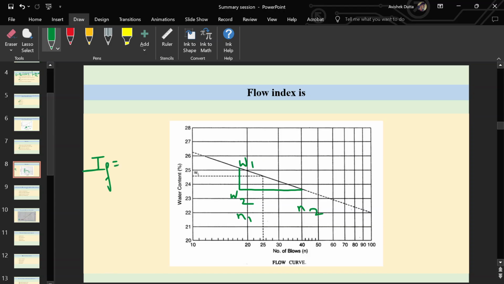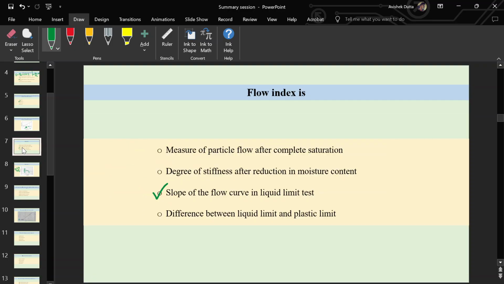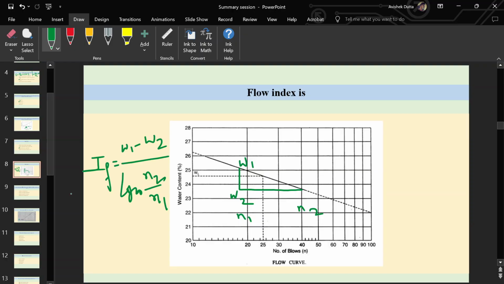Delta W: W1 minus W2 divided by log to the base 10 of N2 by N1. This is the value of the flow index. So flow index is the slope of the flow curve in the liquid limit test.